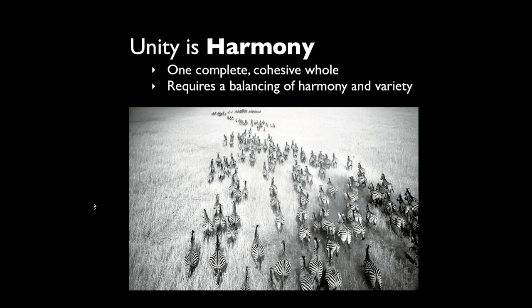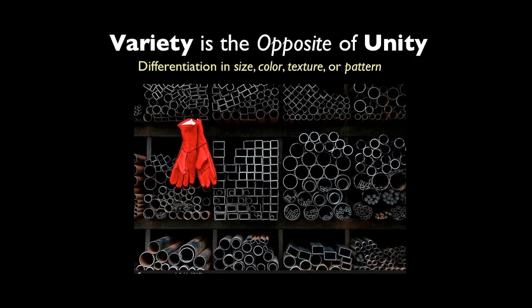So when everything holds together, the textures, the design, there's a balance of relationship, a balance between harmony and variety, then we have unity in the image. Variety, of course, is when we have differentiation, something that, boom, draws our eye into it.